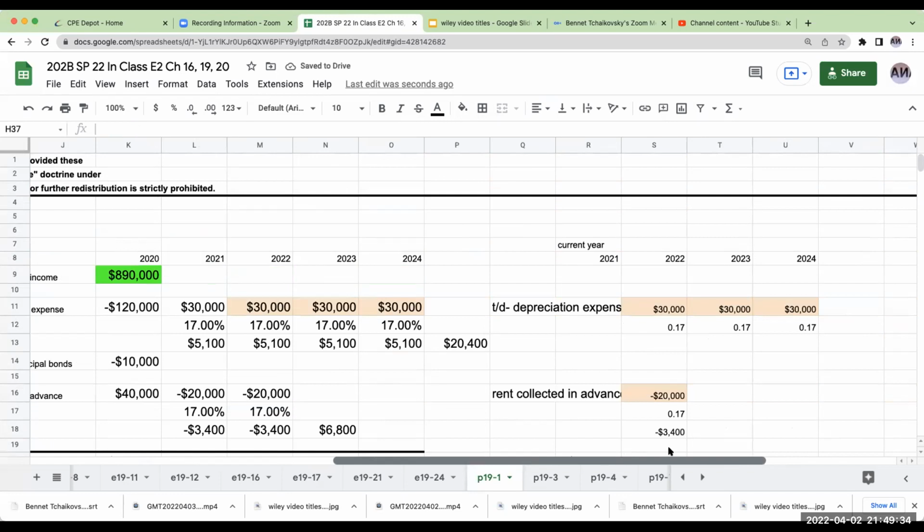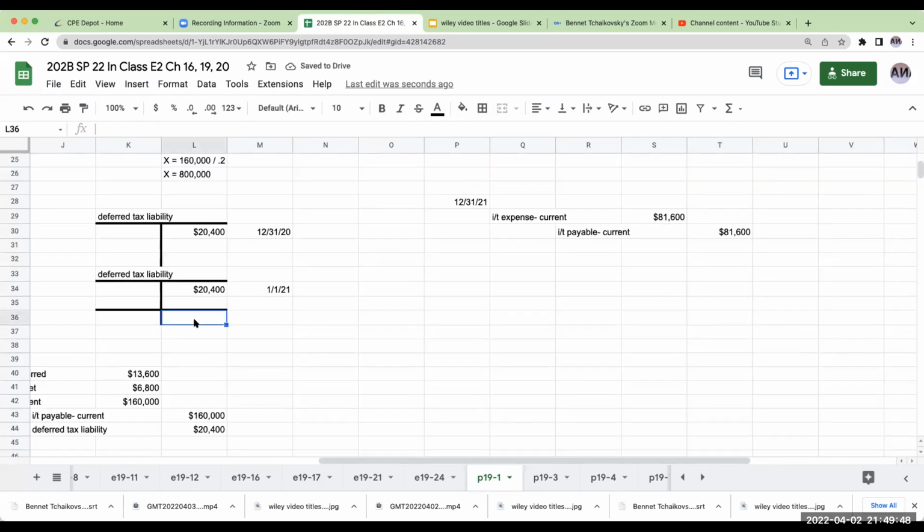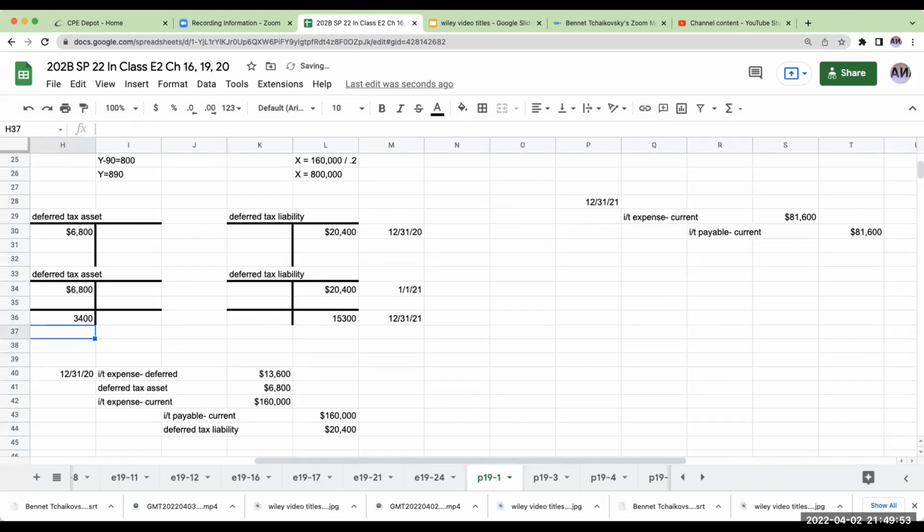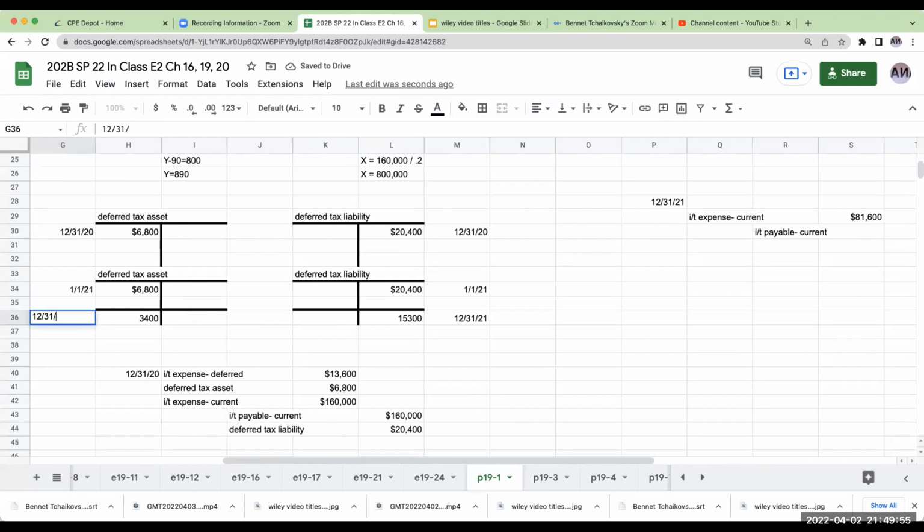For my deferred tax liability, my balance was 20,400, but my ending balance now is going to be the sum of these three different parts, or 15,300. So these are what my ending balances should be as of December 31st, 2021.